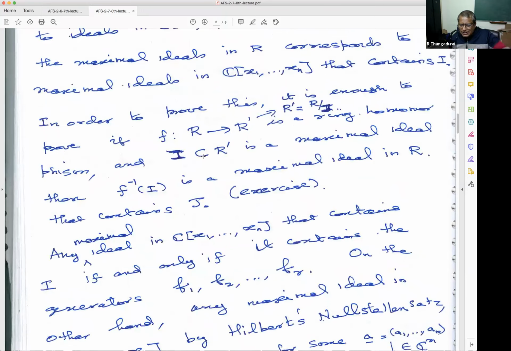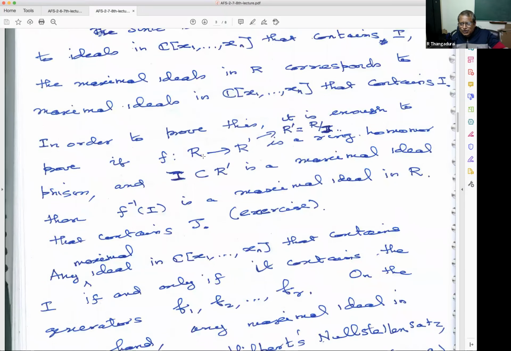This is true ideal-wise. You just assume that I is maximal in the quotient, and therefore its preimage is also maximal in the polynomial ring. Only maximality you have to prove.